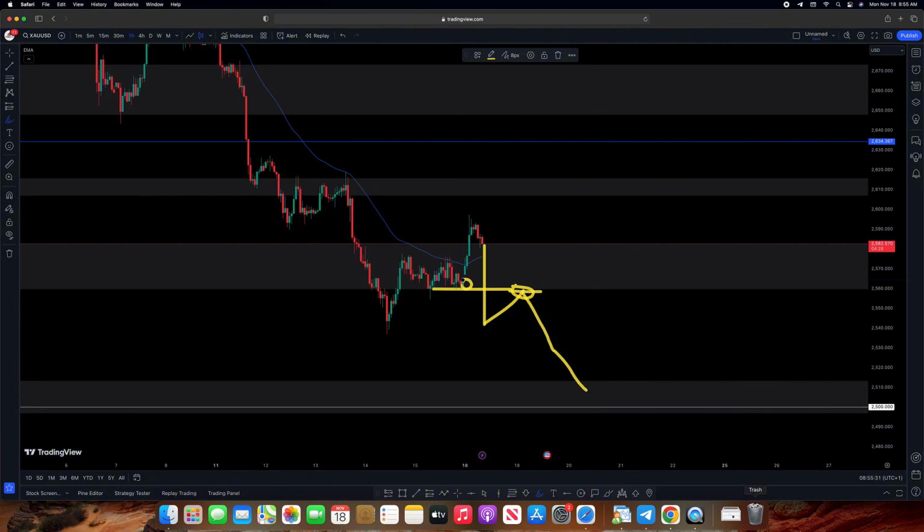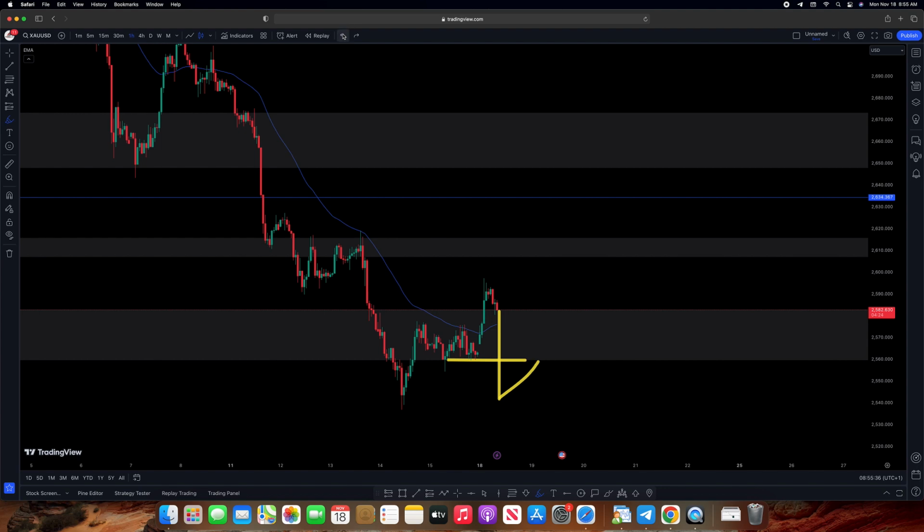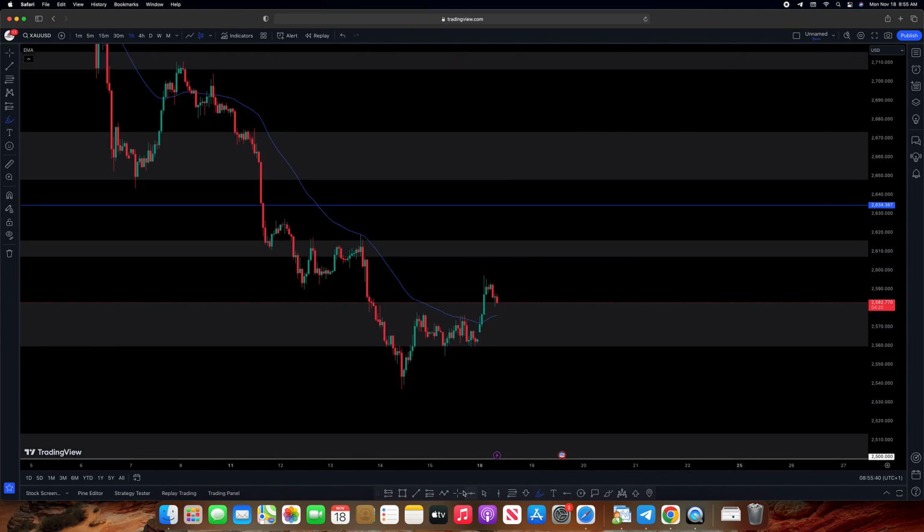Okay, let's recap what I did on Friday. Here is Friday. I told you guys that I marked out this level. I told you that my first entry will be somewhere here, and your stop can be here or here.